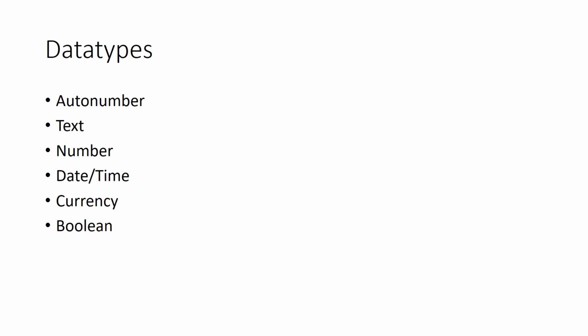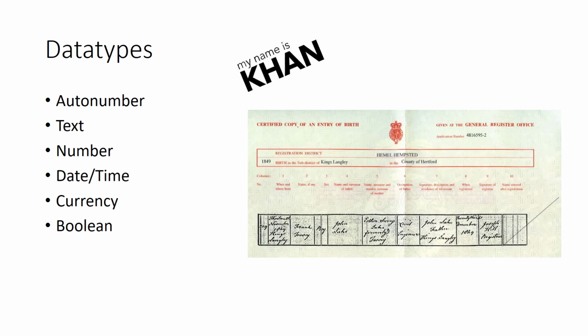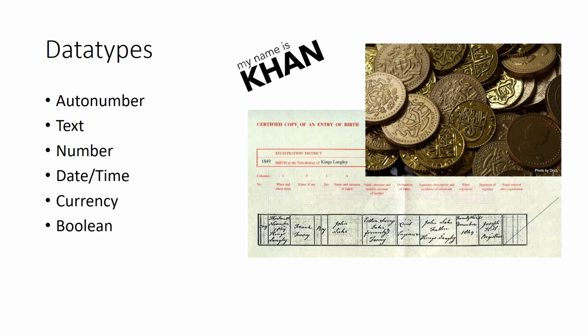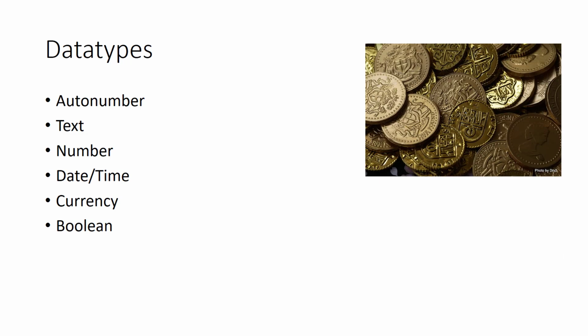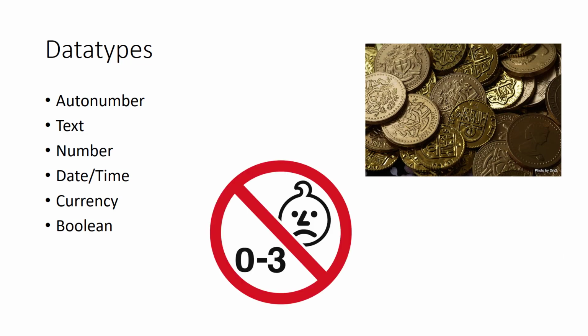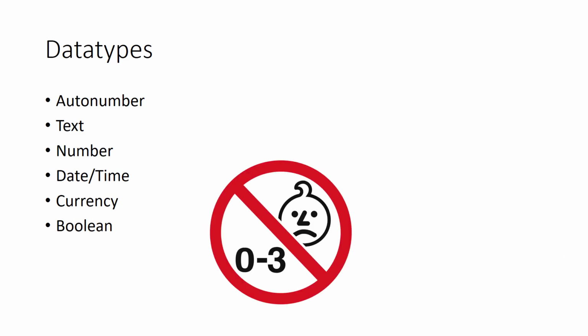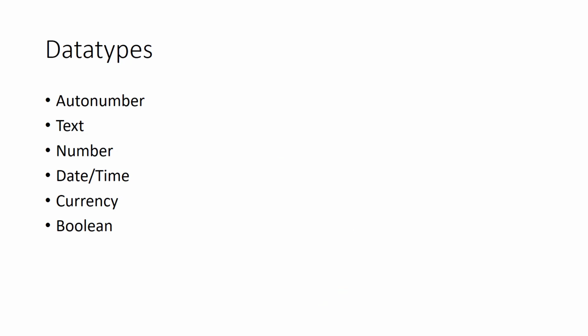That makes sense because when we ask a computer to store information, we know that someone's name is not the same type of information as their date of birth, and how much money they earn every year is not the same type of information as their age or the way their name is spelled. These are different types of information, and to store them we use what we call data types.